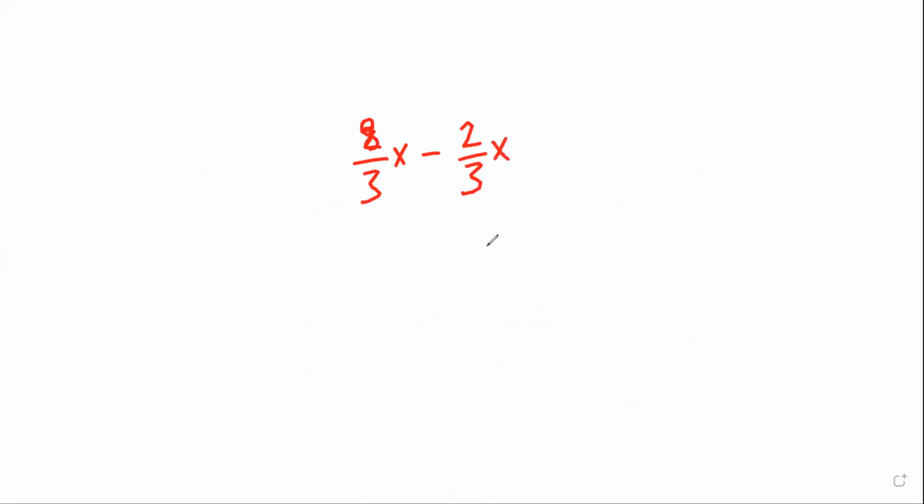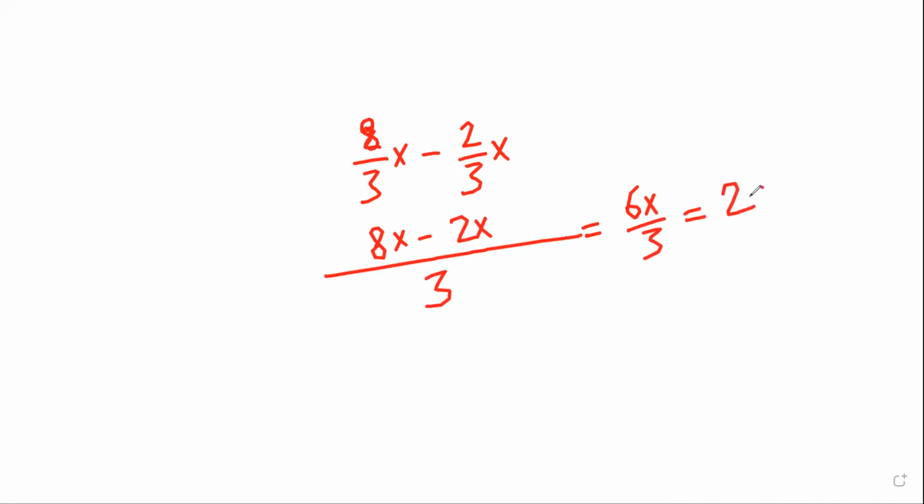Sarthak, how should I do it? The LCM would be? So the LCM would be 3. So this will be equal to 8x minus 2x is equal to 6x by 3 is equal to 2x.